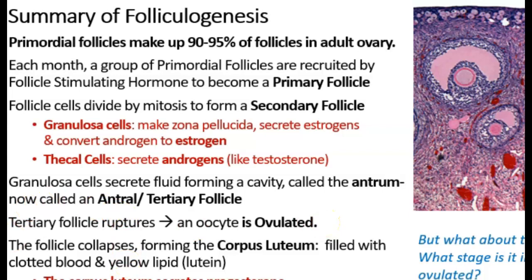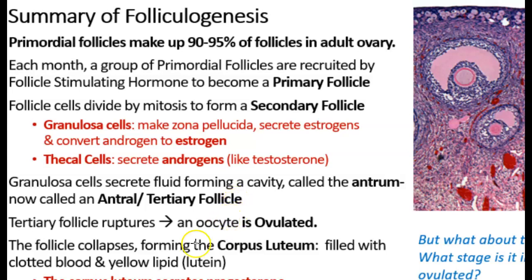Eventually, the tertiary or antral follicle ruptures and an oocyte is ovulated, and that oocyte is surrounded by the corona radiata. Eventually, the follicle collapses, forming a corpus luteum that fills with blood and that yellow lipid.